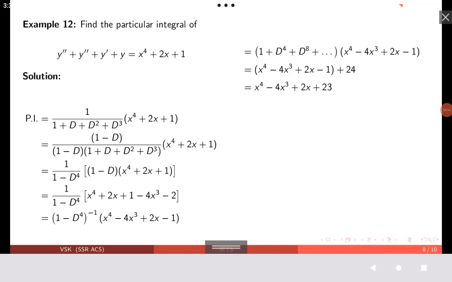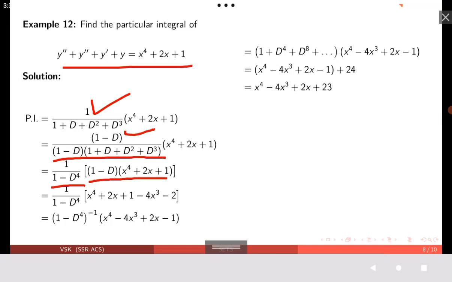Let us see one more example, you will get an idea. This particular integral question we have to solve. We'll write it like this. Now we multiply by 1 minus D in numerator and denominator, because of this the whole expression will become 1 minus D to the power 4 in the denominator. So this is written in ascending power of D, and this 1 minus D will be operated inside.